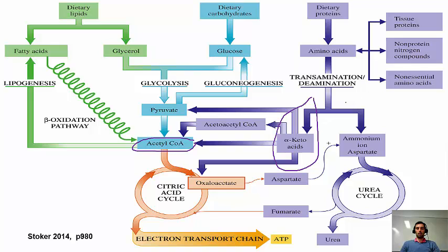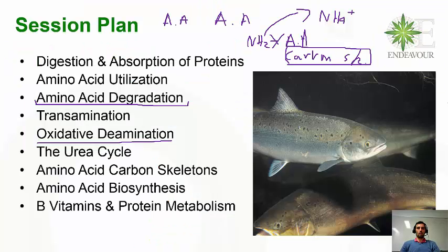And then the amino group is fed into the urea cycle, where we're actually making our fumarate, which also feeds into the citric acid cycle. So got those connections there. So in the next session, we'll actually be looking at some of the major connections between the three different branches of metabolism.